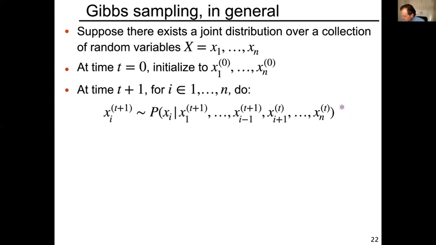Since we're iterating from i equals 1 through n, by the time we get to x sub i, we will already have done a t plus 1 update for x1 through x i minus 1, but we will not yet have done updates for x i plus 1 through xn. As we iterate, at every time step, we go through all of the variables eventually.